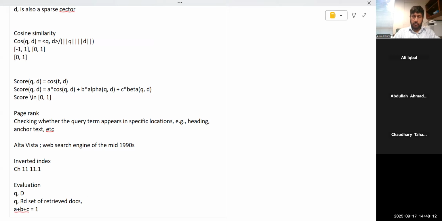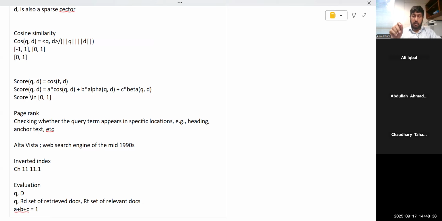And then there's also a set of relevant documents. RT कह देता हूँ. ठीक है? So एक query का there is a set of relevant documents, and your algorithm would output RD, which is a set, usually a ranked set of documents.